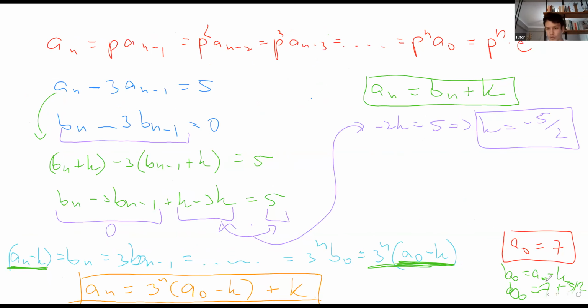So if we were to generalize this, we're almost done. Let's say that An was equal to P1 An minus 1 plus, up to, Ps An minus s. So I just have s terms look back, and then plus some number t.